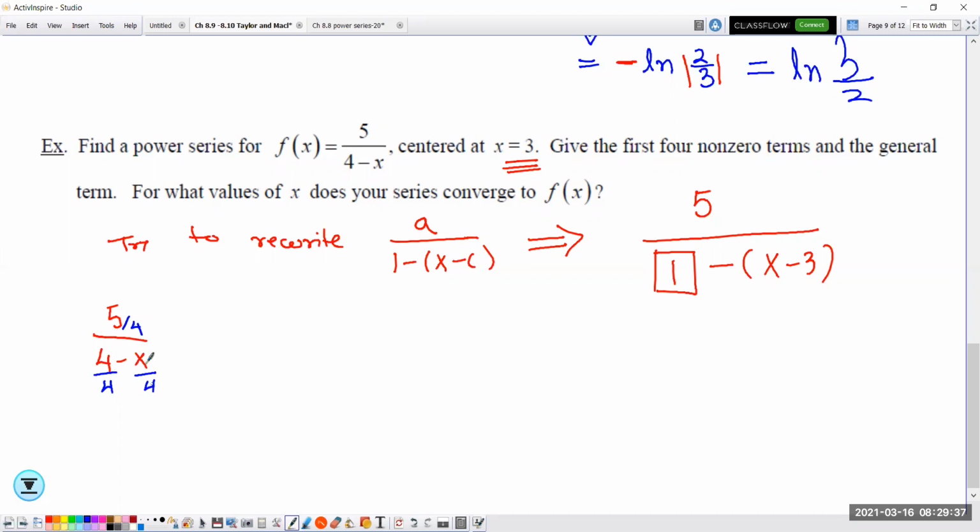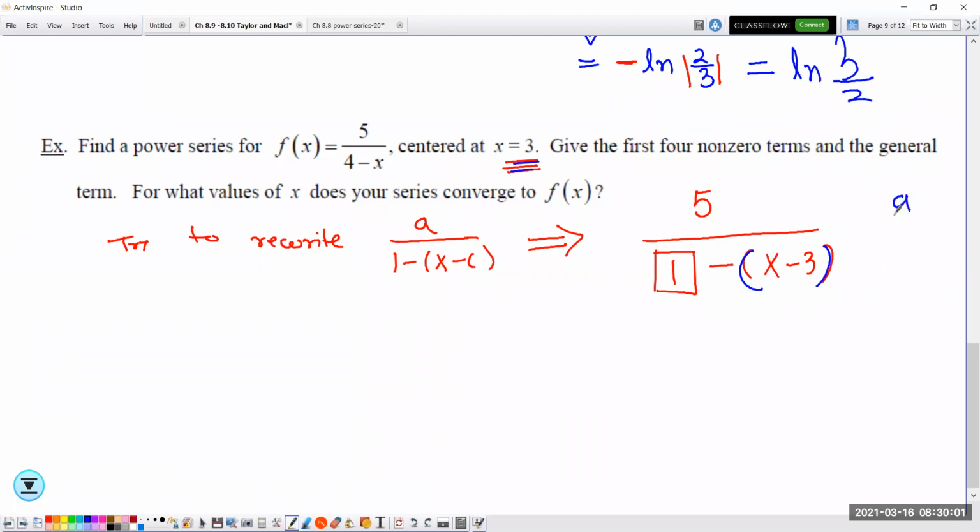It's a horizontal dilation by 1/4. That's not what we want. We want to shift 3 units to the right. So you have to have x minus 3. That's the beginning. Now, if you don't understand all this, by all means, go ahead and find those 4 derivatives. That's also fine. Okay, so now we got it.